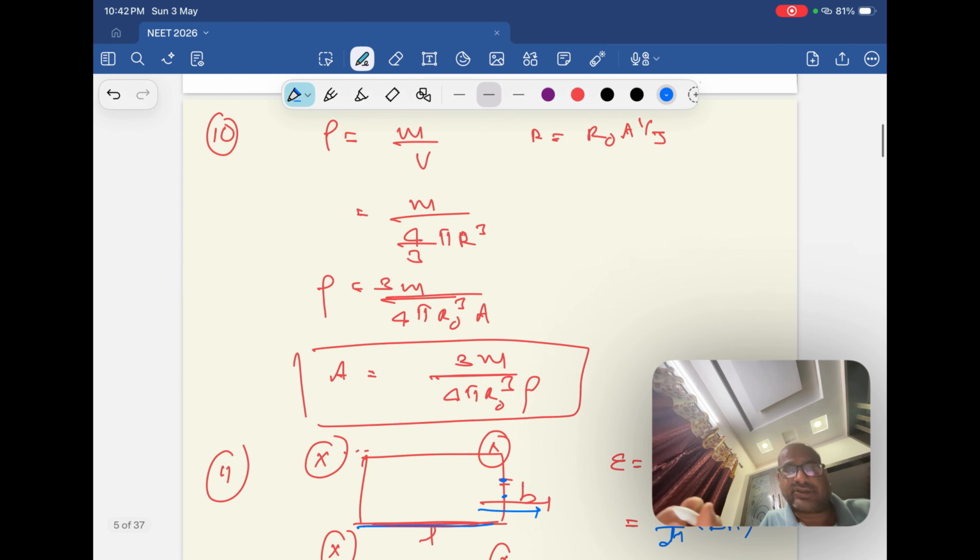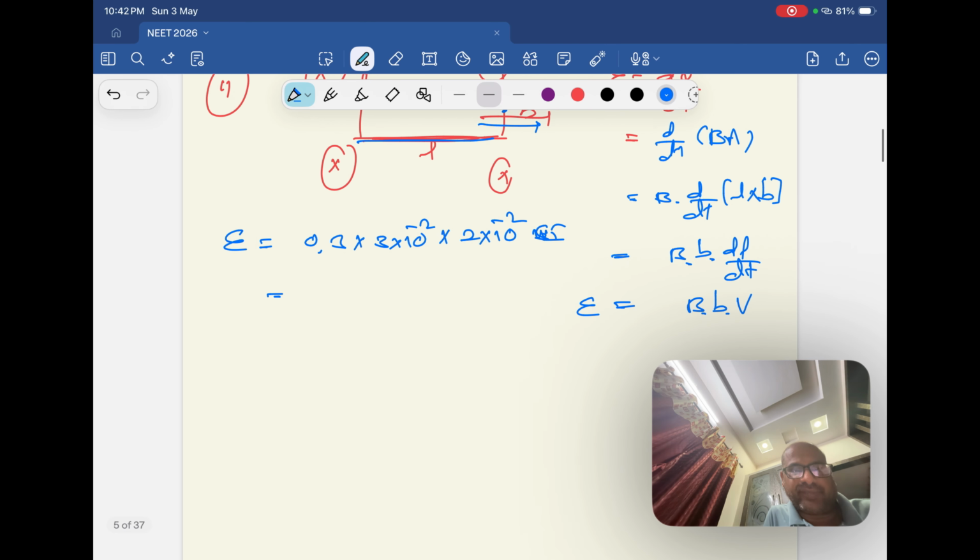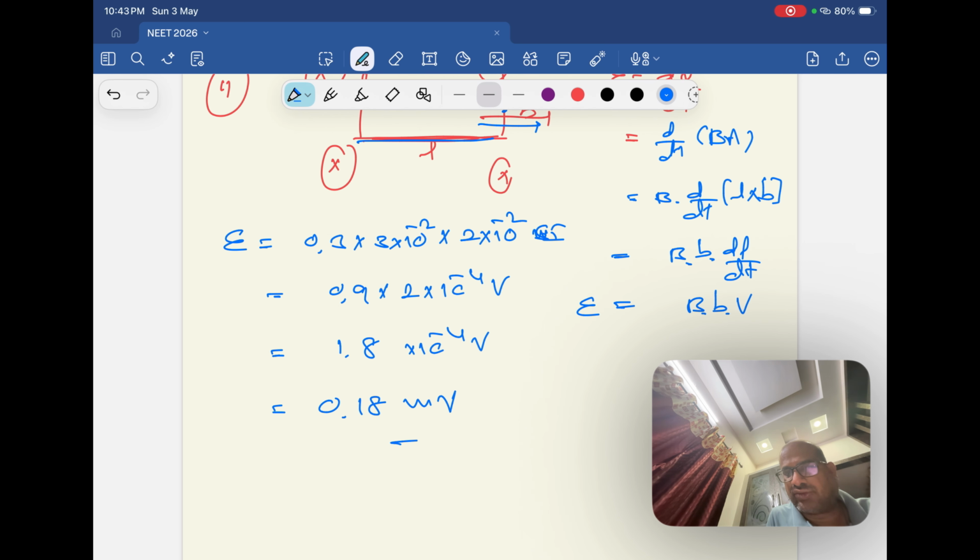Convert to meter per second: 2 into 10 power minus 2 meter per second. This SI unit will come, volts. If you simplify, 0.9 into 2 into 10 power minus 4 volts. This is 1.8 into 10 power minus 4 volts, or 0.18 millivolts, you can say.